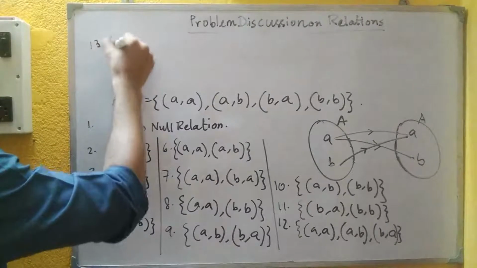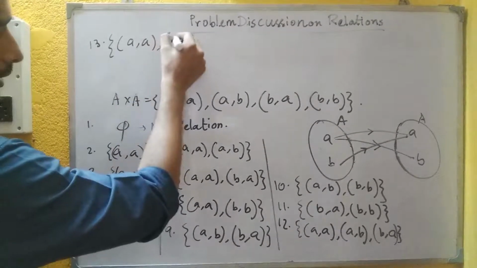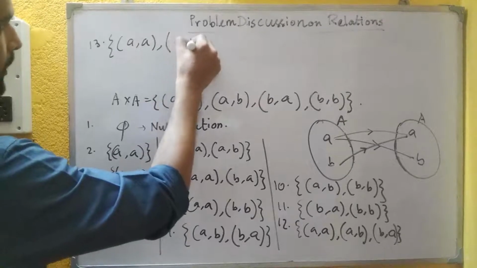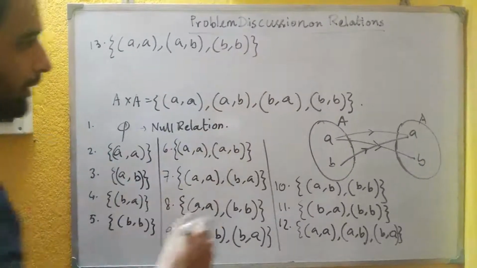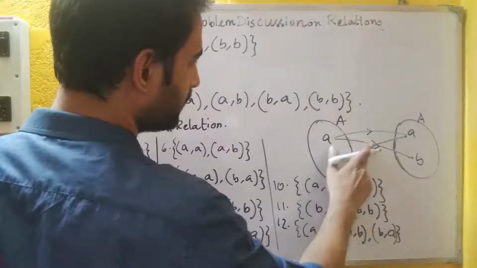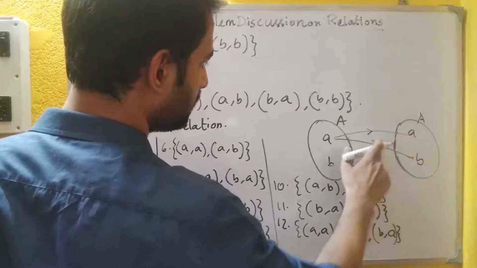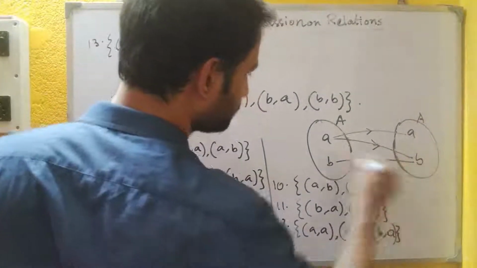that is AA, AB and BB. That means AA is okay, AB is okay, and the final one will be BB. That means the elements are like this.